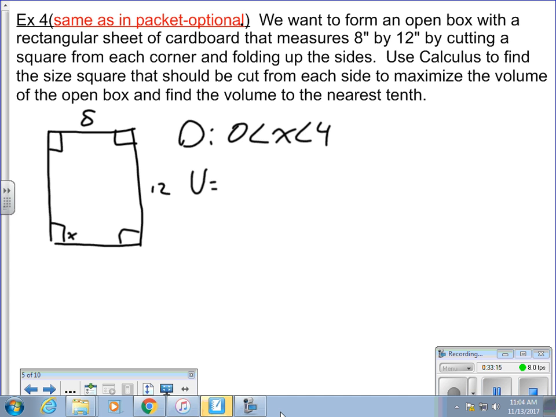Okay. I need to find an equation for my volume. So volume is length times width times height. I actually like to do the height first, x, because if I fold it up, the length that I cut out is how tall it's going to be, right?